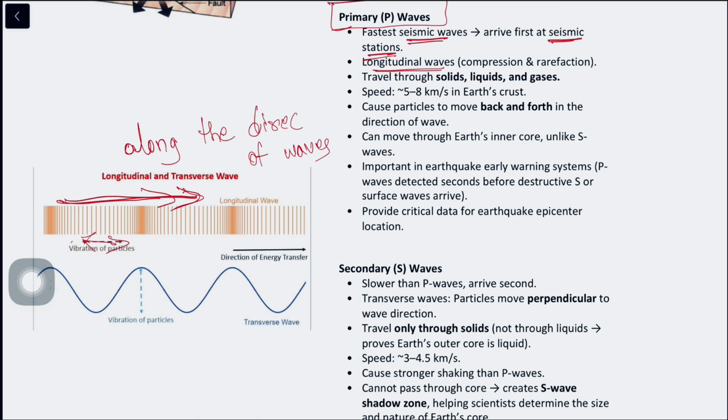So the particles are moving along the direction of the waves in a back and forth direction. That's why we are calling it the longitudinal wave, P waves.